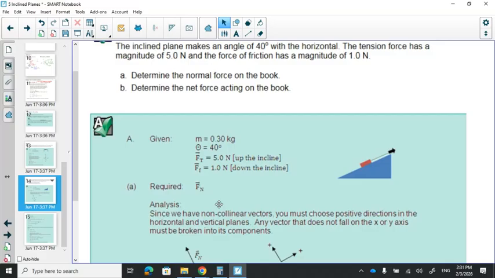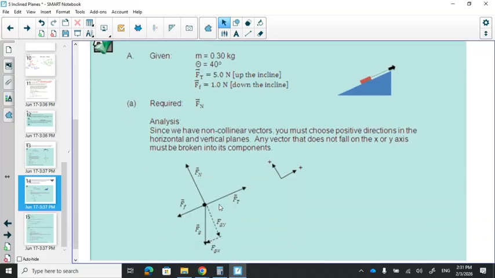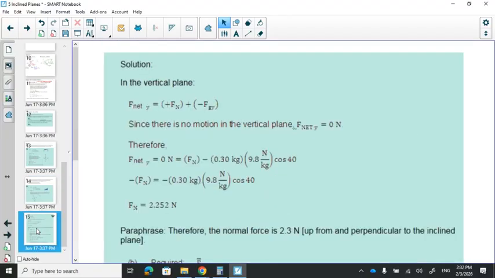Very similar stuff to what we just did. So free body diagram here: we have gravity down, the y component of the gravity, the x component of the gravity, the tension force pulling it up, and the friction force working against things. They're going to analyze this out.